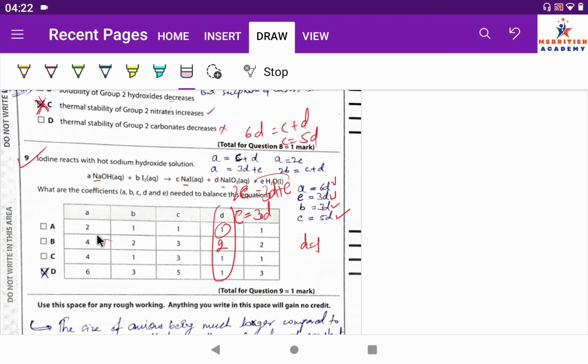But in this case it is easy because all the options for D are only 1. So you put D is equal to 1 and you will get A as 6, B as 3, C as 5, D as 1 and E as 3. So 6, 3, 5, 1, 3. So D will be the correct answer.